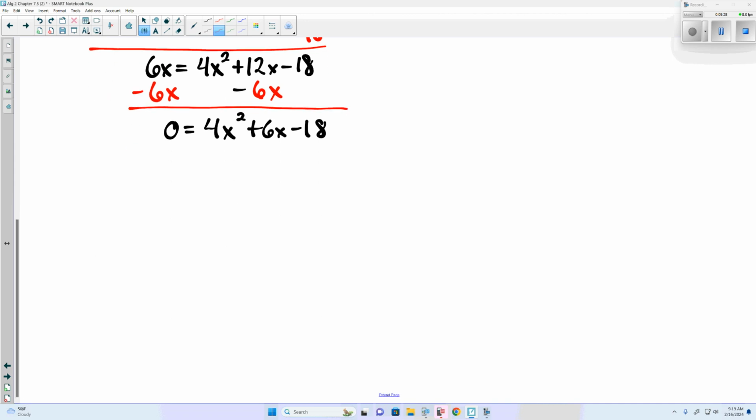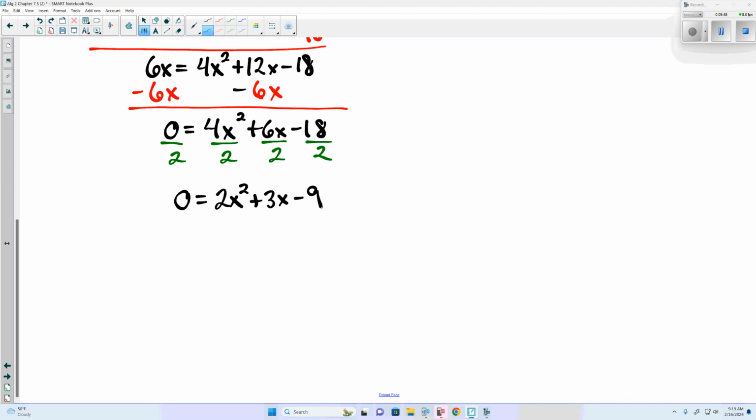But just to make sure, is there a greatest common factor between these three? 2. And we can reduce that out. Take that factor of 2 out. Minus 0 is equal to 2x squared plus 3x minus 9.